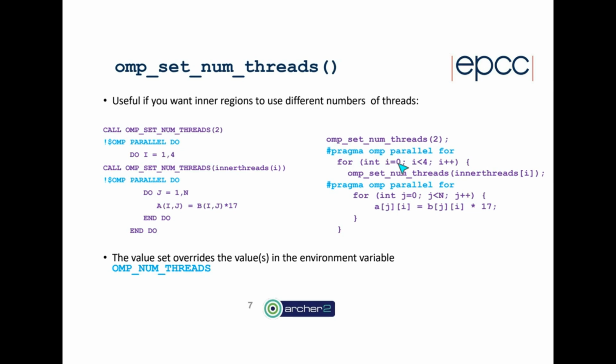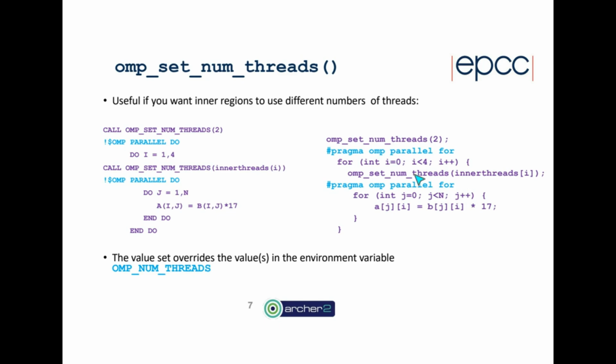Thread 1 at the outer level is going to execute I equals 2, then I equals 3. So there are going to be 4 separate instances of this inner parallel region, and I could potentially choose a different number of threads for all of those 4 different instances.